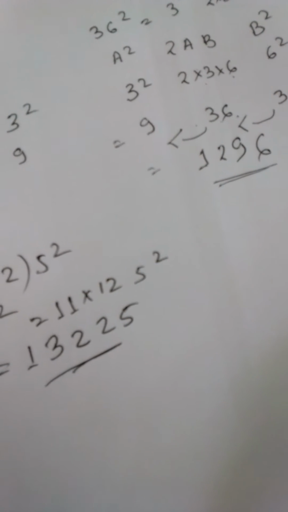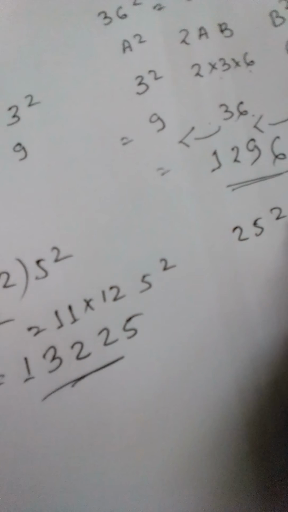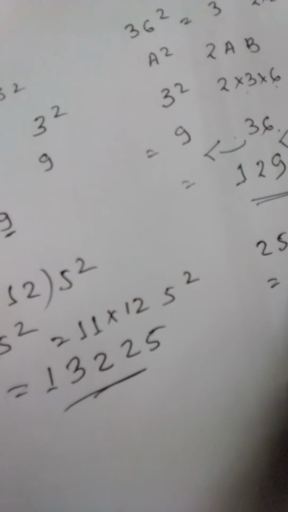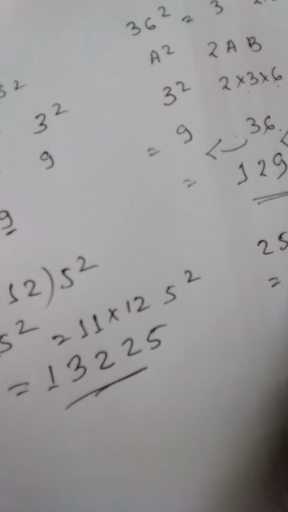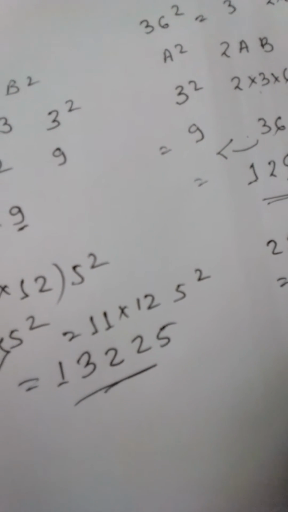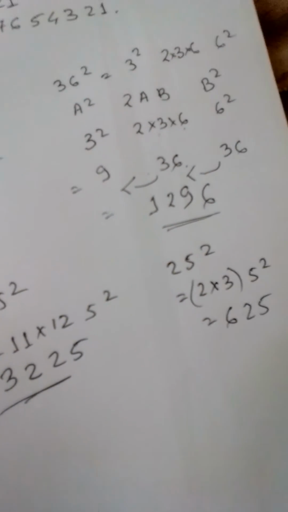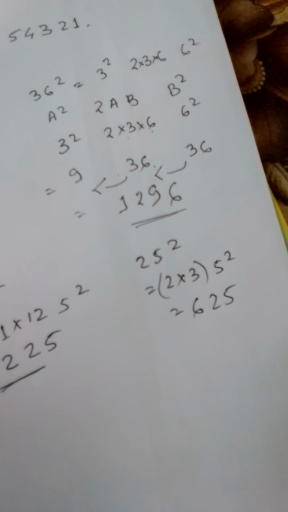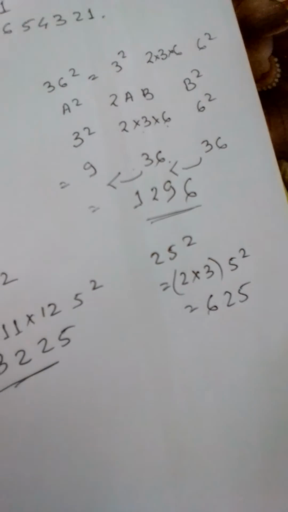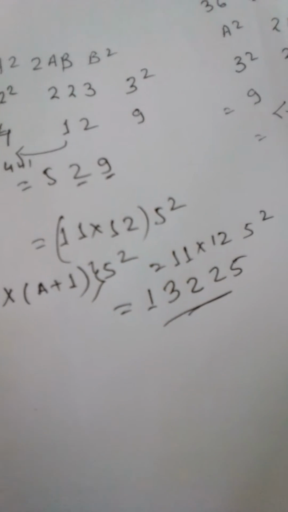Now we take a small example of, say, 25. 25 square will be 2 into 3 and 5 square, that is 625. So we have to practice all these formulas.